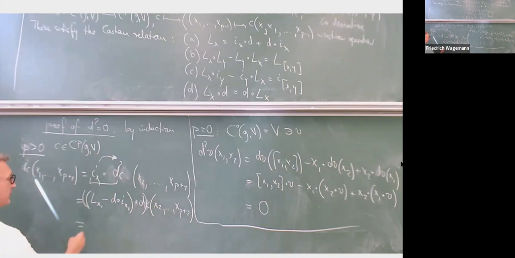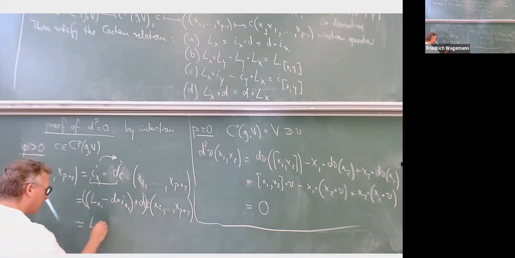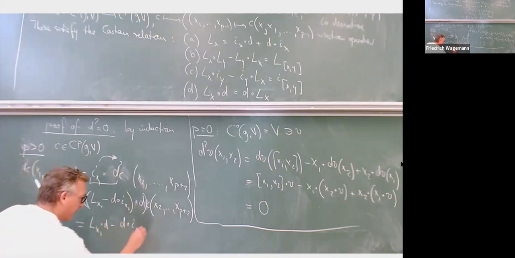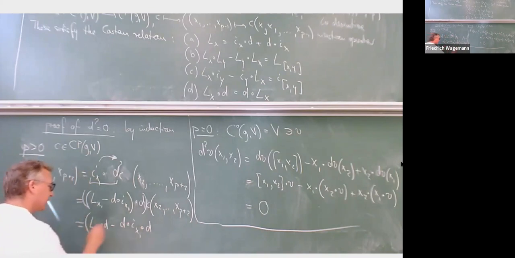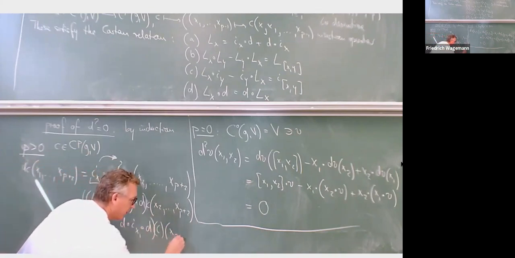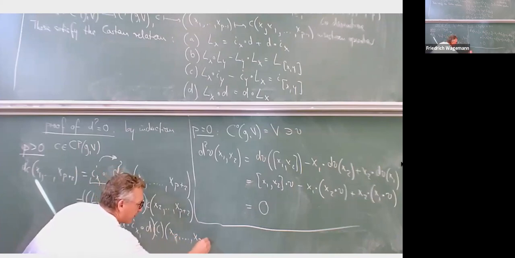And now you have L_{x1} composed with d minus d I_{x1} d of C of x2 to x_{p+2}.